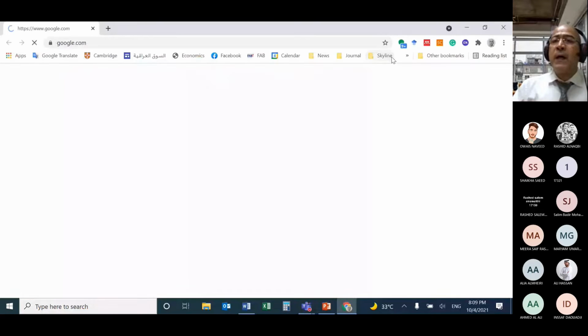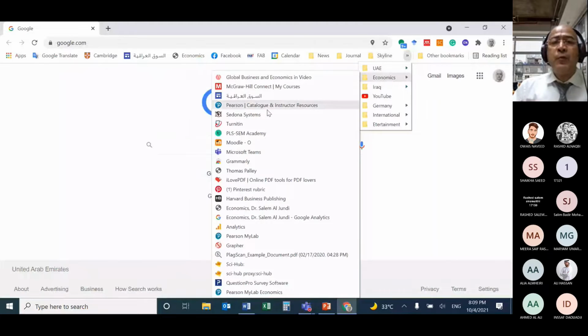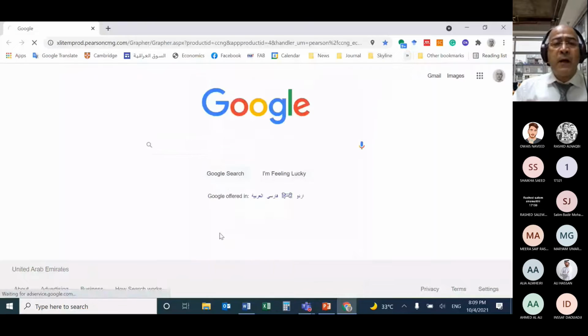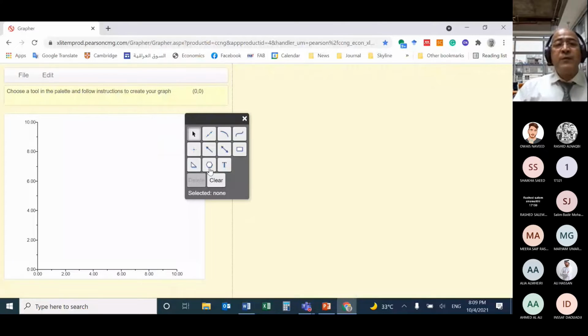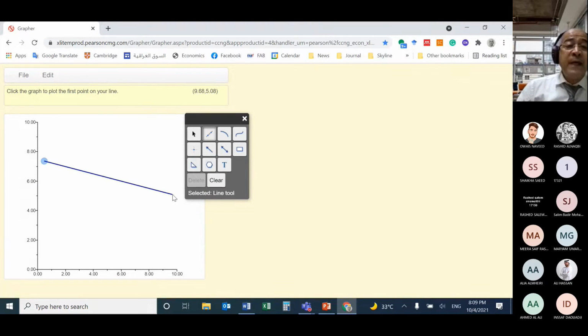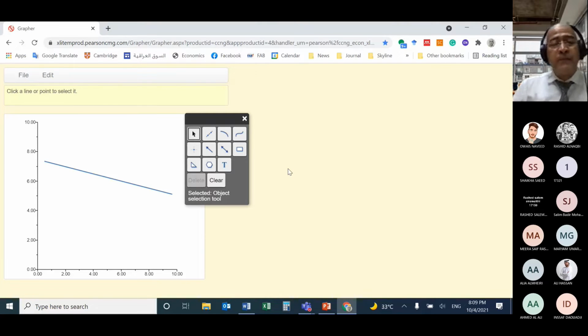So I will go and draw a graph. I think you can see here. So what I will do, I will draw a curve. Most probably, this curve is flat, not steep.